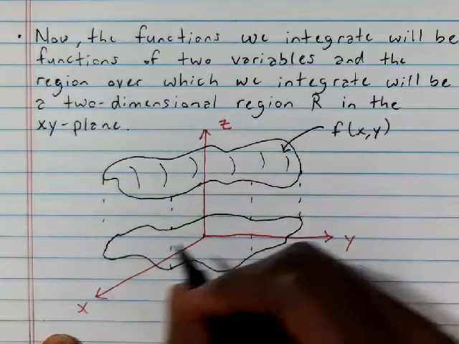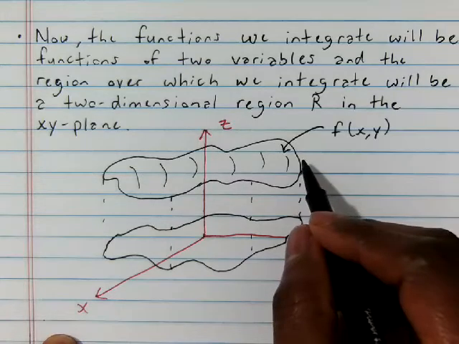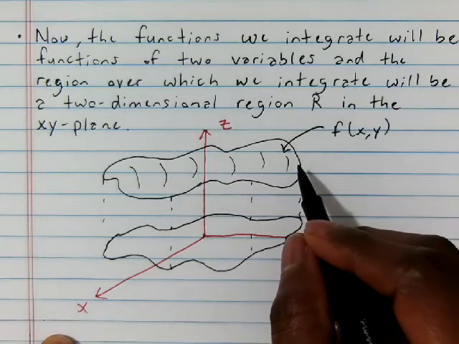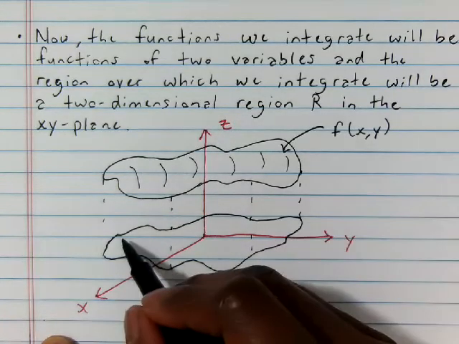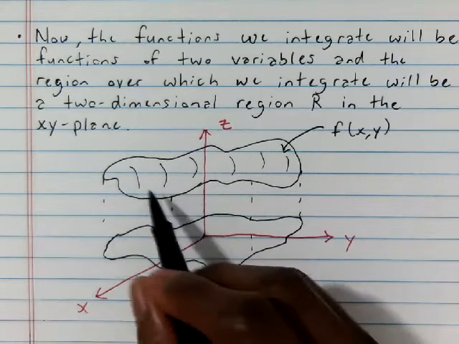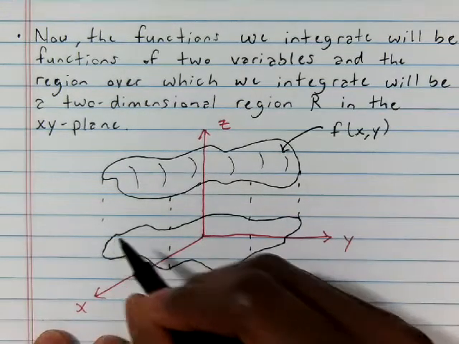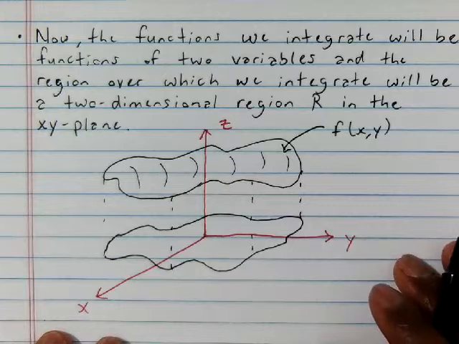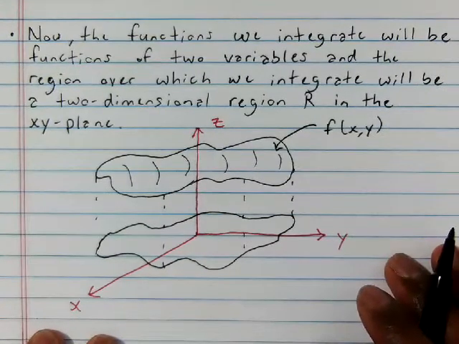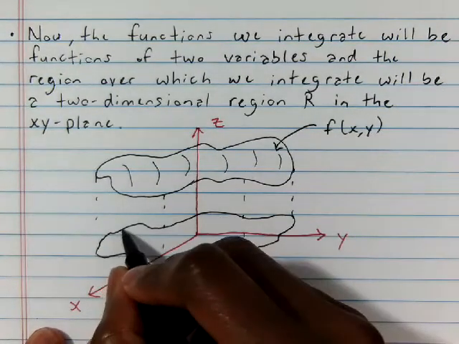So now, there's the function f of x, y that relates to the function f that we had in the picture above. But what we're concerned about for the most part is this region R in the xy plane, because that's what we're oftentimes going to have to figure out, and those are going to give us our bounds for our integral.